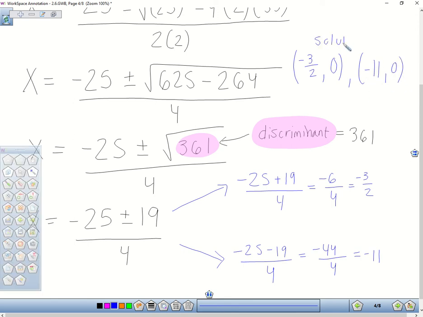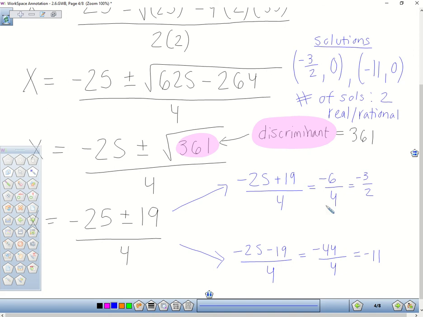And that will be your solutions. And to fill in your other blanks on your sheet, the number of solutions you have here is 2, okay, and the type of solutions is real rational. So those are your fill-ins.